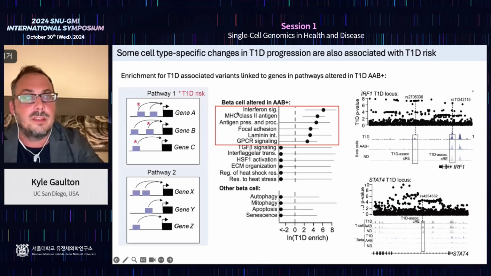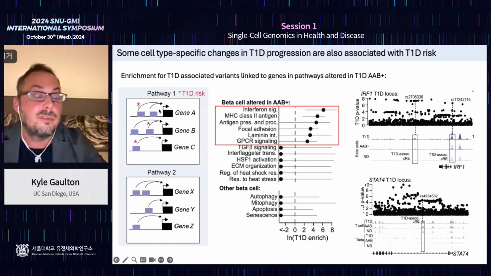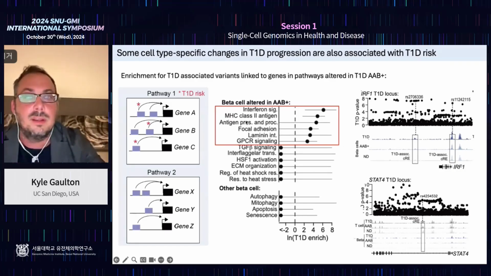In this case, we took the pathways that were changing in progression of disease and asked whether cis-regulatory elements regulating these pathways preferentially harbored genetic risk of type 1 diabetes. And so here we find across all these pathways that are changing in disease, a subset of these pathways are harboring disease risk variants preferentially, whereas all these other processes aren't.